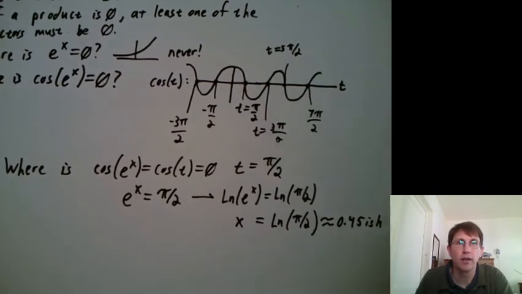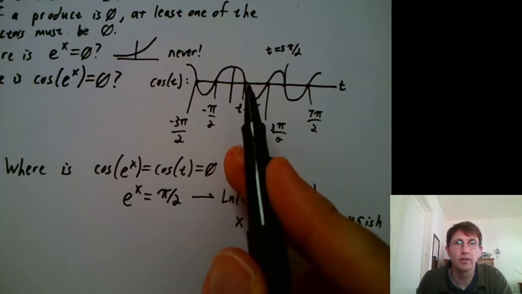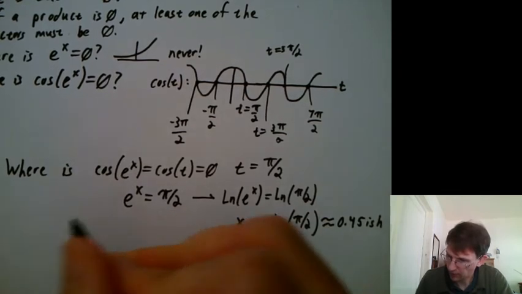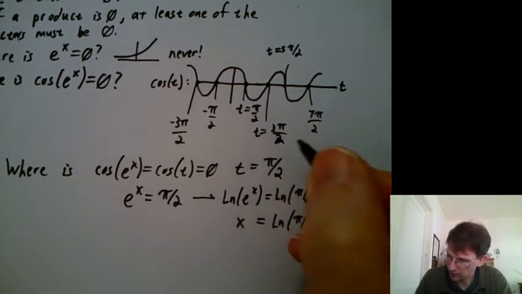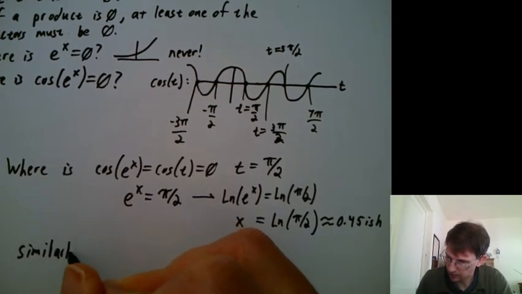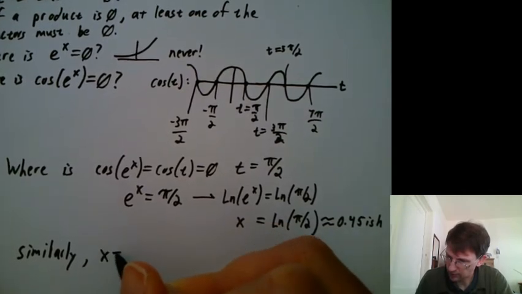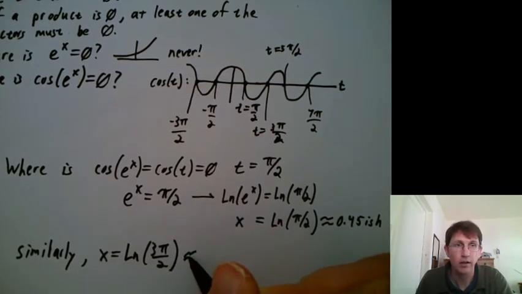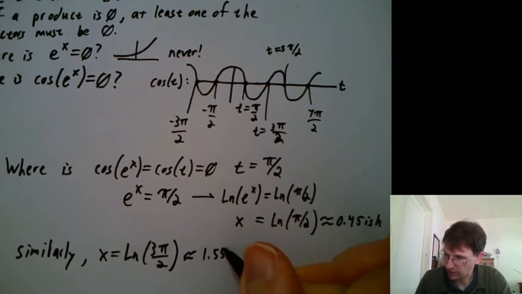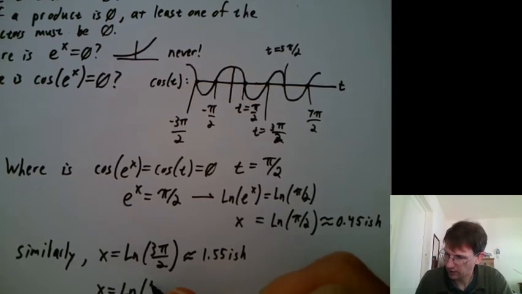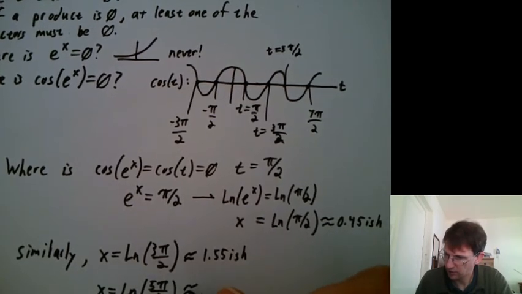All right, so this crossing, when we map it to x, gives us a cosine of e to the x that's 0. How about 3 pi over 2? So we'd say similarly, x equals log 3 pi over 2, all the same logic as before, which is about 1.55-ish. x equals log 5 pi over 2, which is about 2.06-ish.